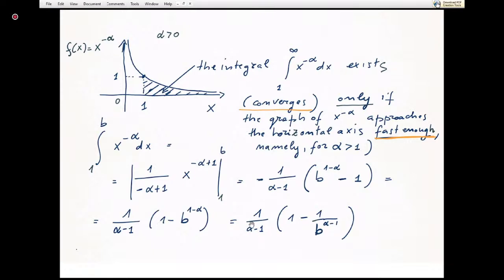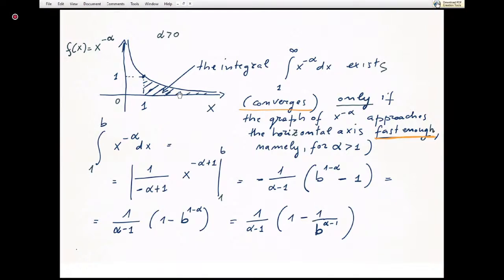Now, suppose that alpha is larger than 1, for instance. Instead of having a negative exponent here, you can put this in the denominator, which is more intuitive. Remember that here you have to compute from 1 to b, and then let b go to plus infinity.